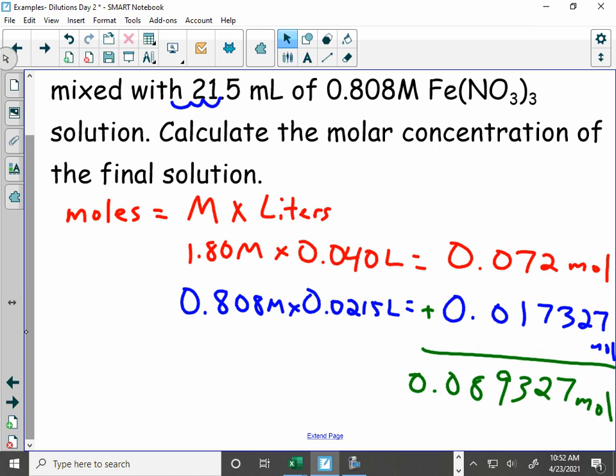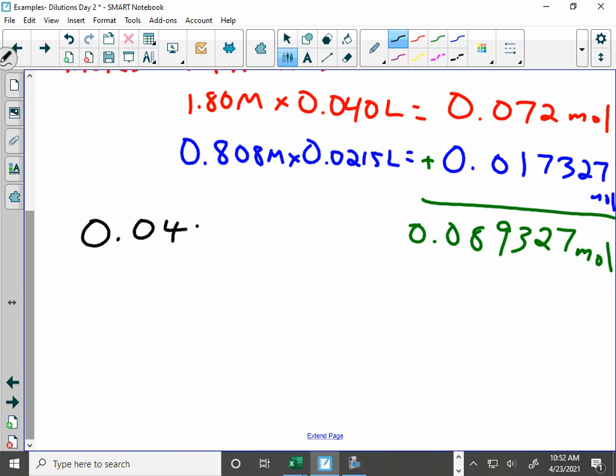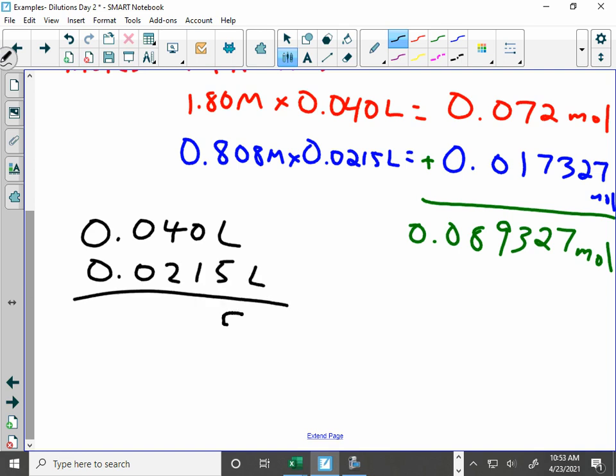Now, I know that I took 0.040 liters and 0.0215 liters. So I know that my total volume is 0.0615 liters.